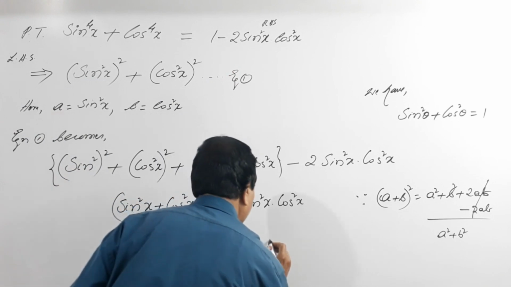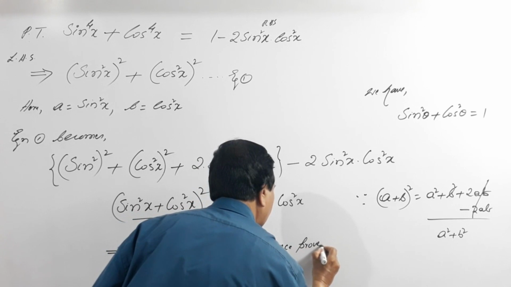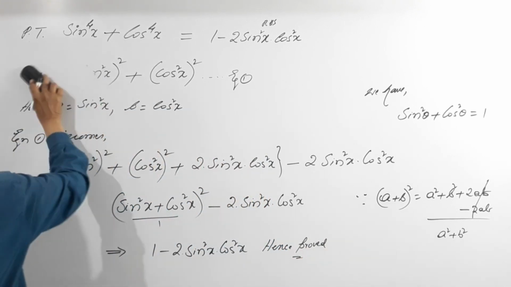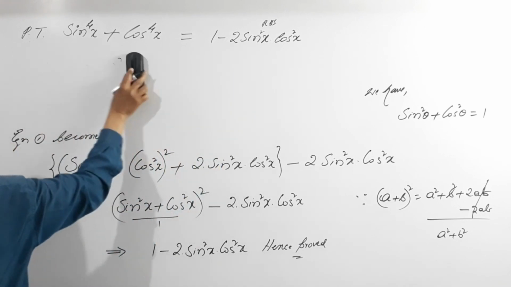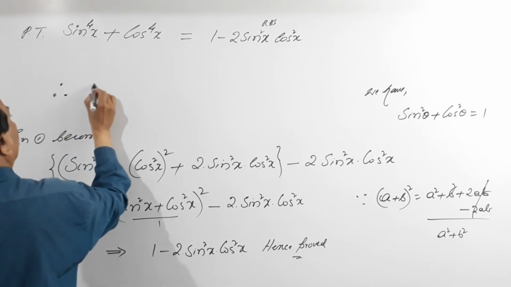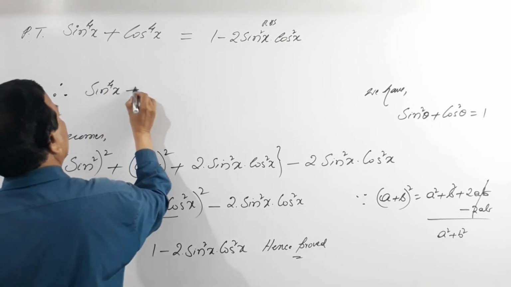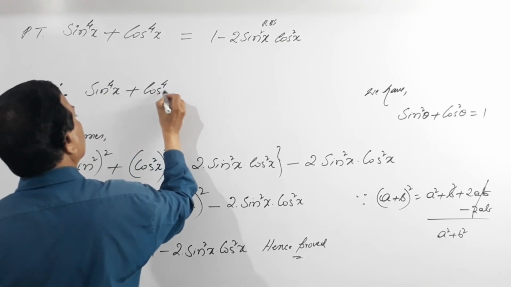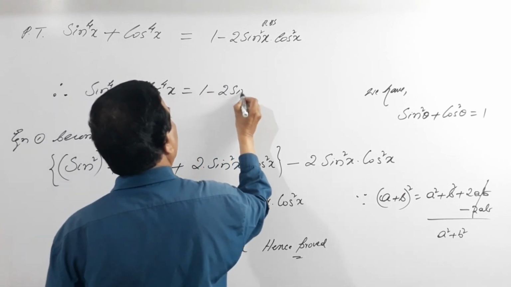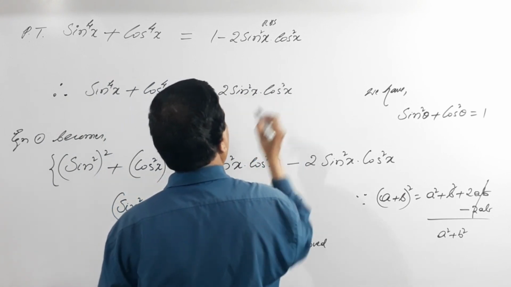So, hence proved. If you want it in one step, you can write: therefore, sin to the power of 4x plus cos to the power of 4x equals 1 minus 2 sin square x into cos square x.